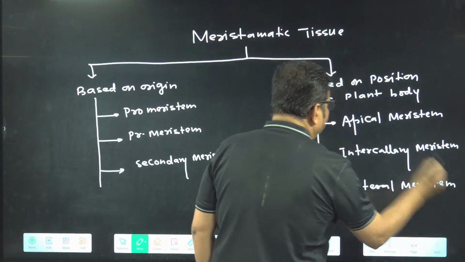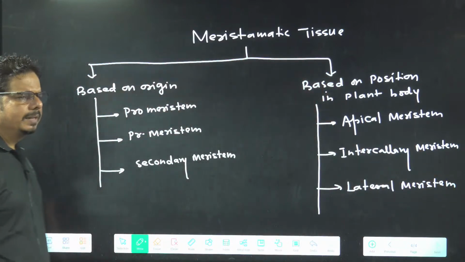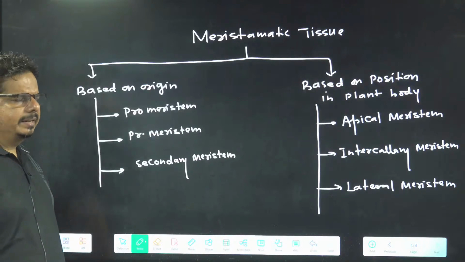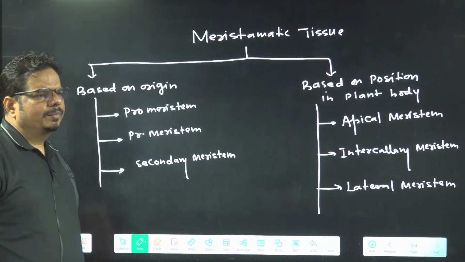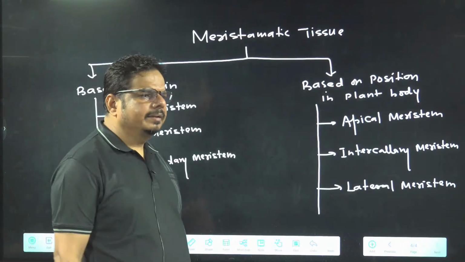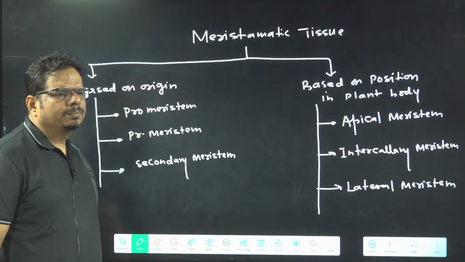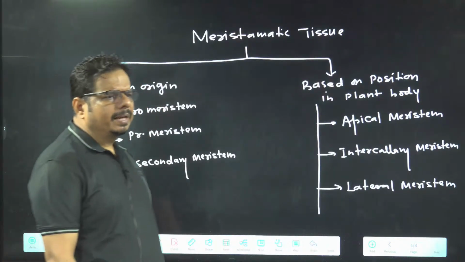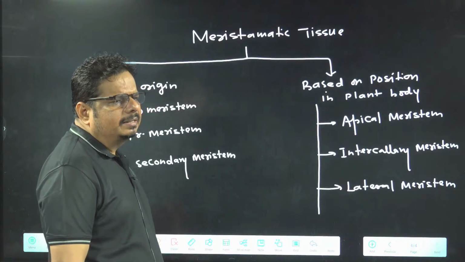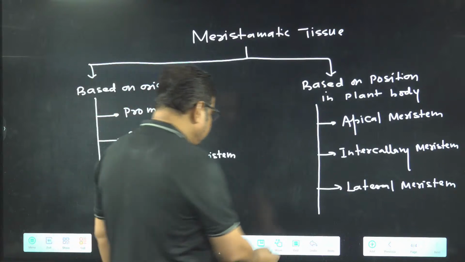So these are the two criteria we have taken to classify the meristem: based on origin, promeristem, primary meristem, secondary meristem; based on position in plant body, apical meristem, intercalary meristem, and lateral meristem.